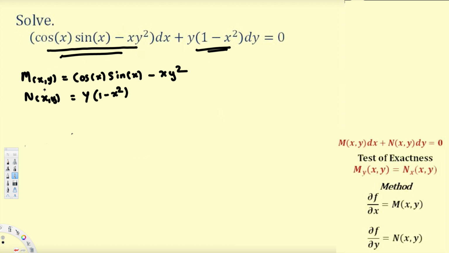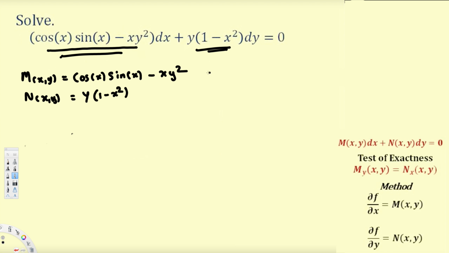Now we have M and N, and the next step is to find out whether it is exact. To find whether it is exact, we take M and find the derivative with respect to y, and also take N and find the derivative with respect to x, and see whether it gives the same answer. If it's giving the same answer, it is exact.